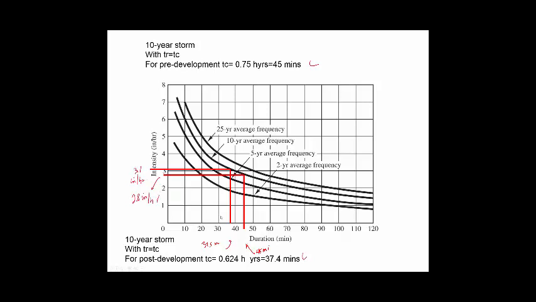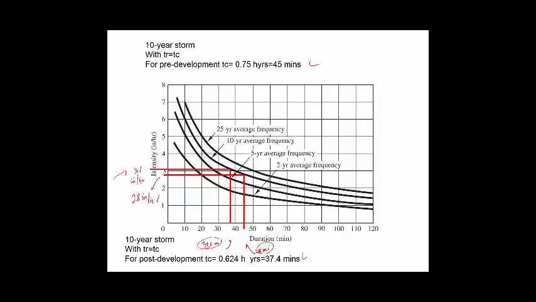Now this is really important, because what we see here is that a storm with a duration of 37.5 minutes would have an intensity of 3.1 inches per hour. And a storm of 45 minutes would have an intensity of 2.8. So what we see here is very normal, where the shorter duration storms are more intense than the longer duration storms.